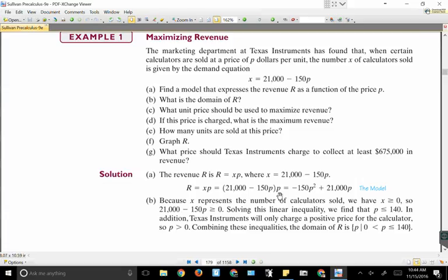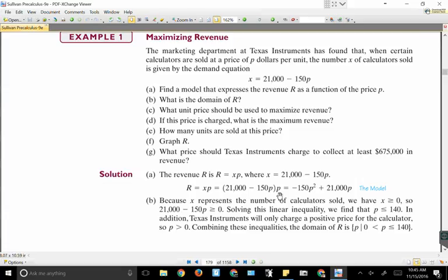It's not the X like we're accustomed to seeing. It's the price. That is what is going to determine whether or not the calculators are purchased. So that gives us the idea that we should be looking at P as our input rather than X. Just a way of looking at it.